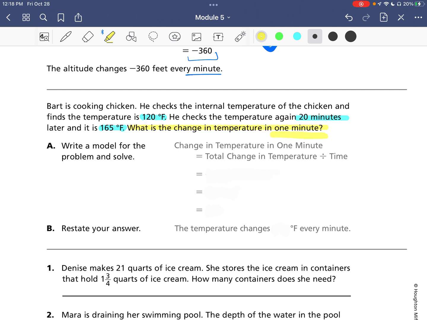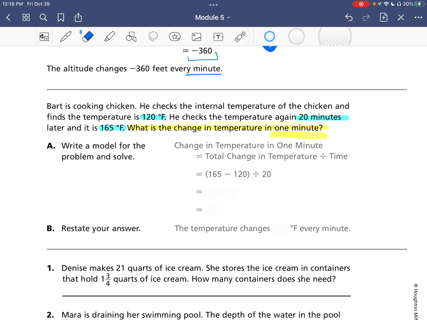That's the important part we're trying to find, over the course of 1 minute. So the first thing we need to do is figure out what that total change in temperature is. It went from 120 to 165, so we need to figure out what that amount is. And then we're going to divide that by the amount of time that passed.